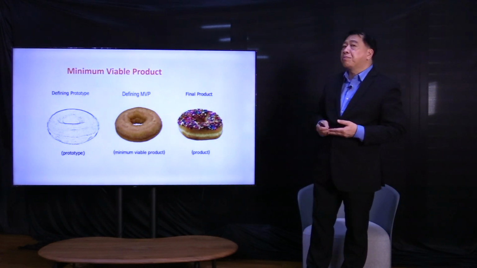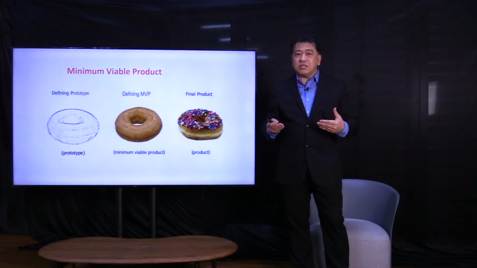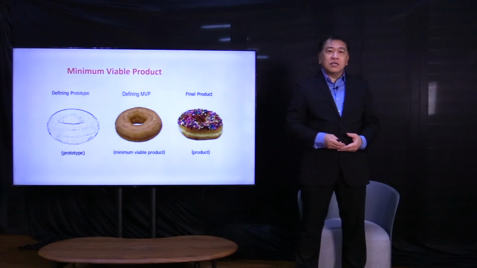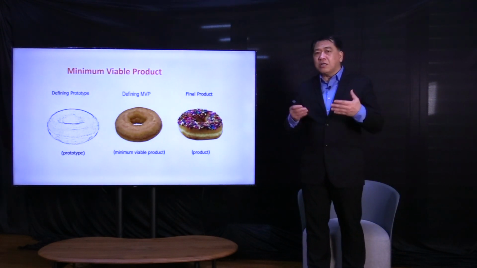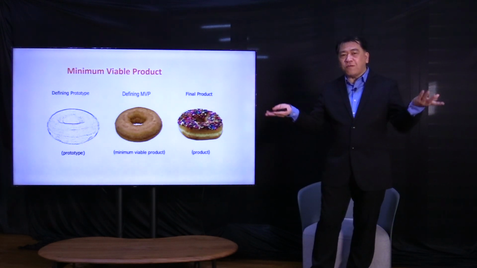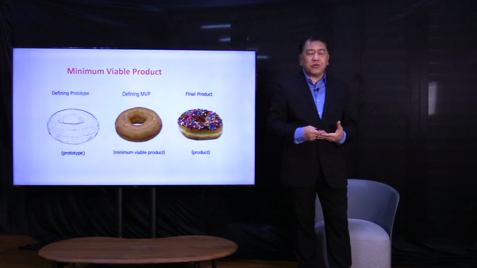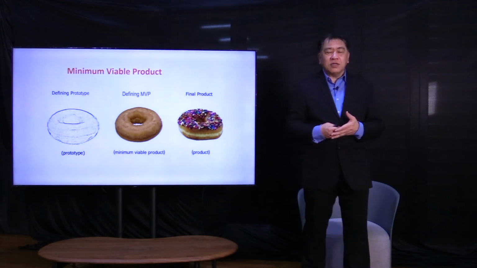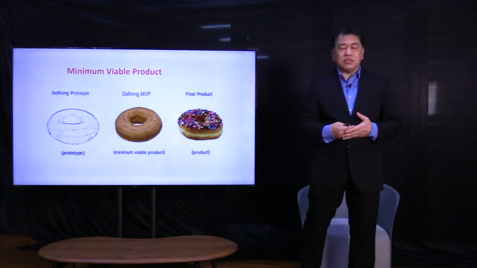That's one way. So there are many offerings or product ideas. Nasi lemak, nonya kueh, waffle. And one of the products that we can come up with, obviously, is donut.